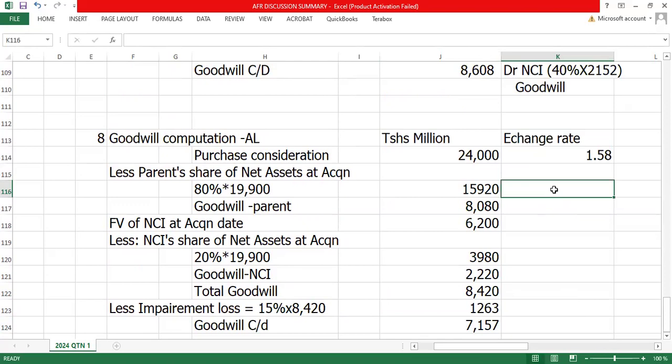Then here you put all these ones, because these ones are at acquisition date. Here you are multiplying.